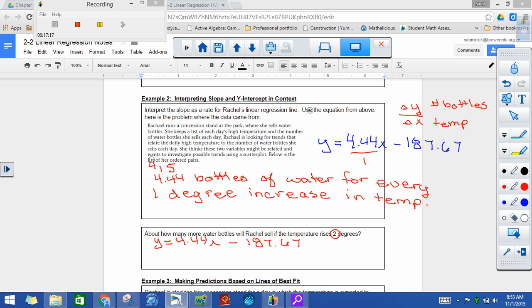So if you said 4 bottles of water and it's rising 2 degrees, are you okay? She's going to sell 8 more bottles of water. And if you said 5, you're going to say she's going to sell 10 more bottles of water. Either one's okay. I went with 8. If you want to say it's about 9, I'm okay with that too. All she has to do is make an estimate so she knows how many bottles of water she needs to bring. Okay.